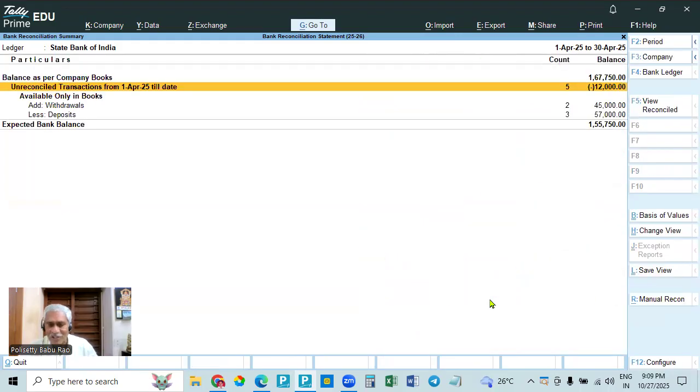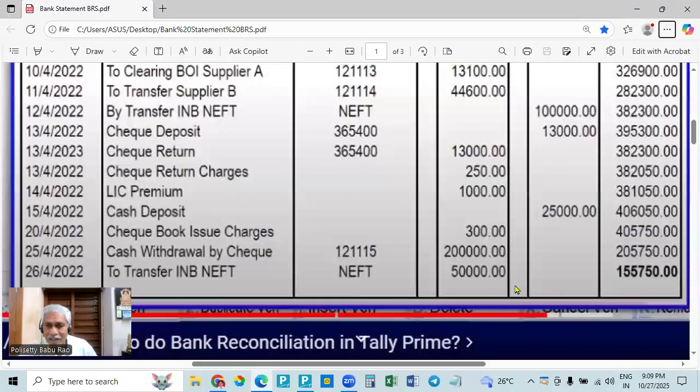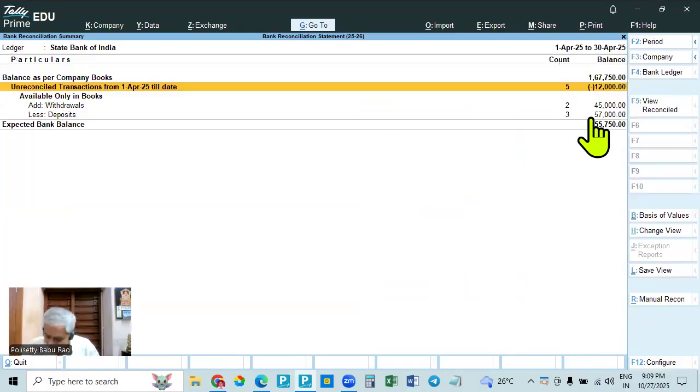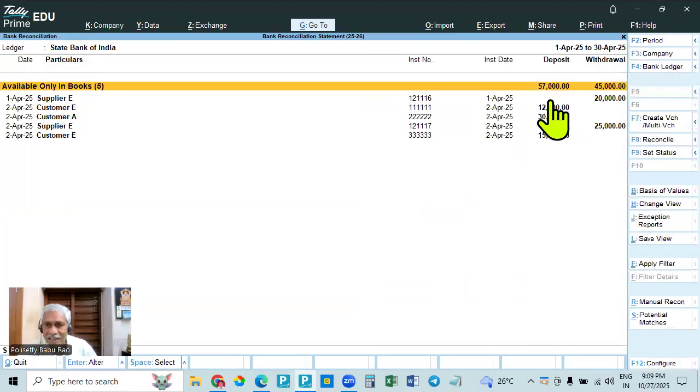So this is over. So see here, on this side, three checks, this side three checks, and two checks on this side. These are not available in the, oh, sorry.